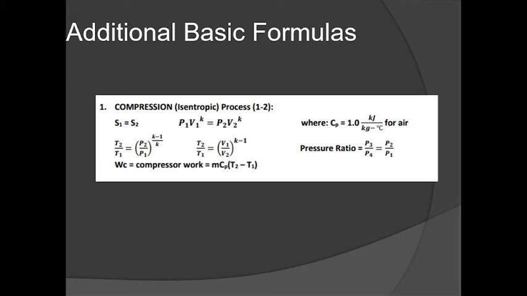So next is the compressor work, or the WC, which is equal to m Cp times delta T, or the temperature difference from point 2 and point 1, where Cp is equal to 1.0 kilojoules per kilogram Kelvin or Celsius for air, and then the pressure ratio is the ratio between the volume displaced and P3 over P4.